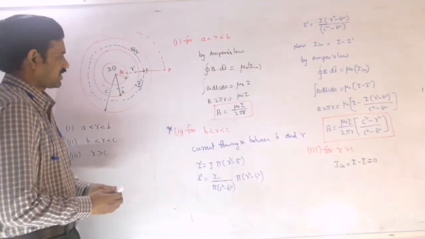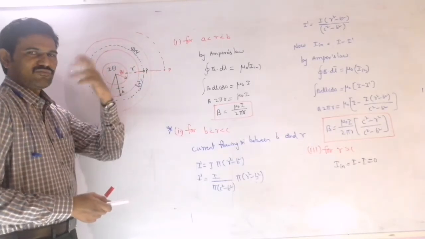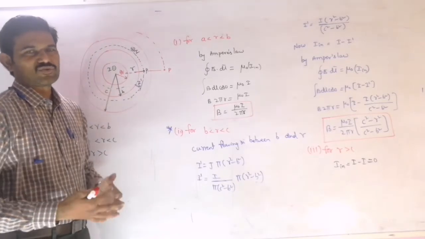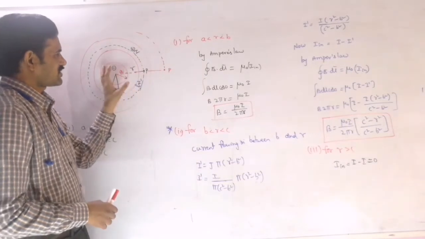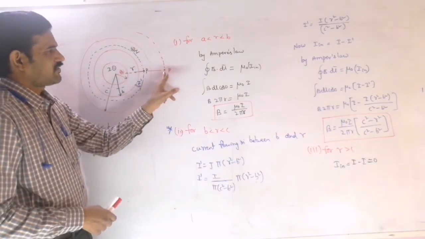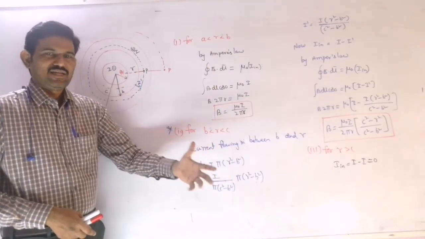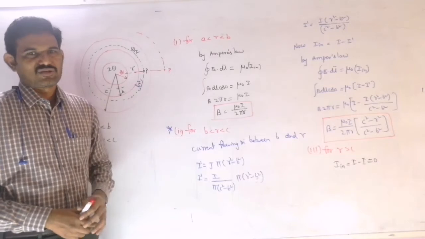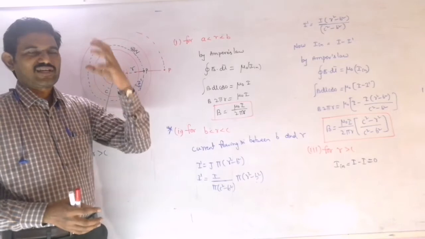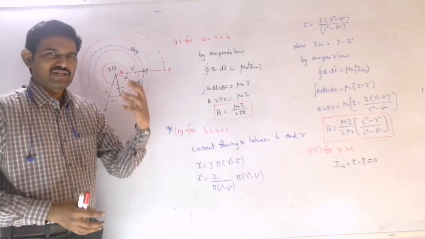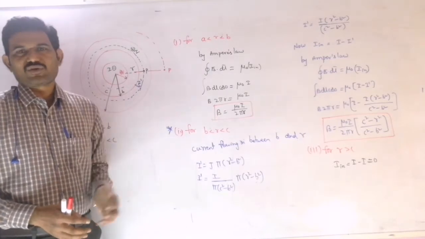Or you can say that the magnetic field due to this solid cylinder and the magnetic field due to this cylindrical shell, for an external point, are equal in magnitude and opposite in direction. Directly you can say that because they are carrying current in opposite directions here, and we know the magnetic field for an external point outside the pipe or outside the solid conductor does not depend on the current distribution. Even though the current is variable, it does not depend on the current distribution. Outside the long cylindrical shell or the solid cylinder, the magnetic field is mu naught I by 2 pi r only.